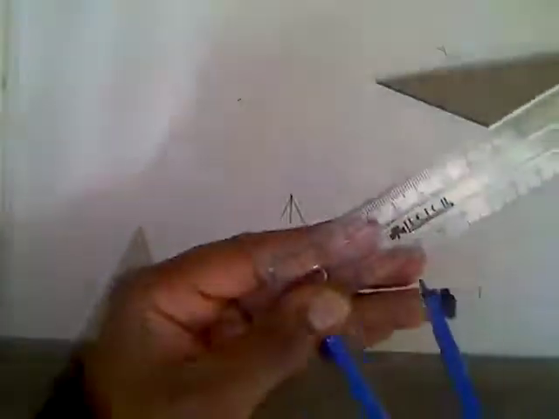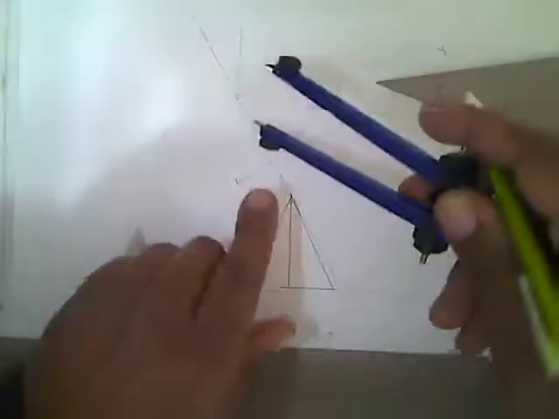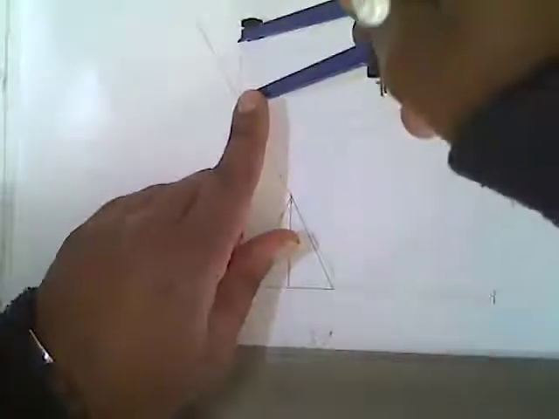Then I will measure 28. Drop it a little bit so that you are able to see. There is my 28. So my hexagon will be 28.